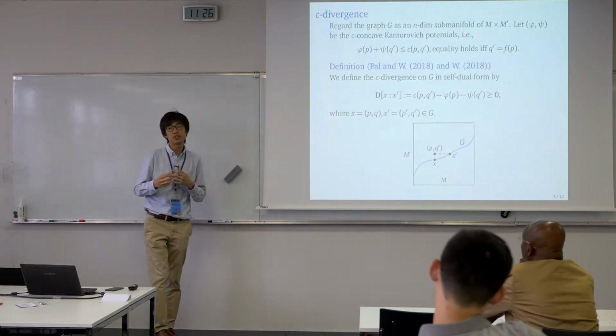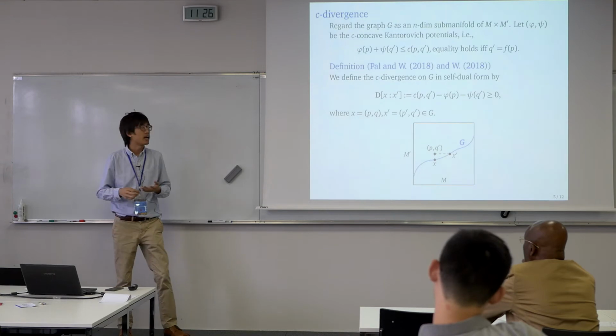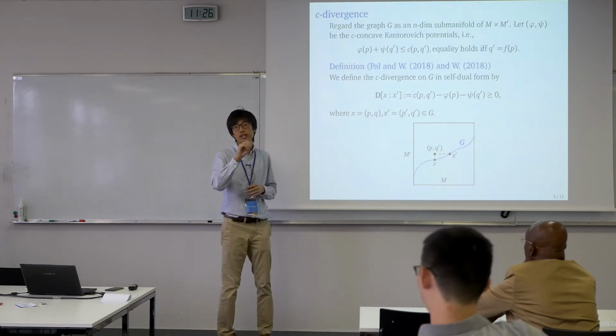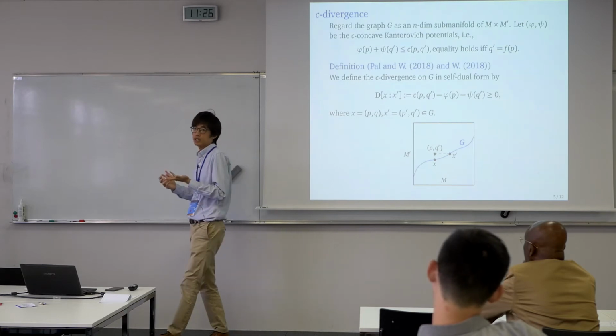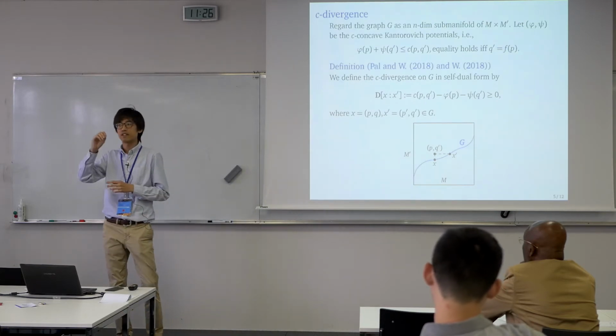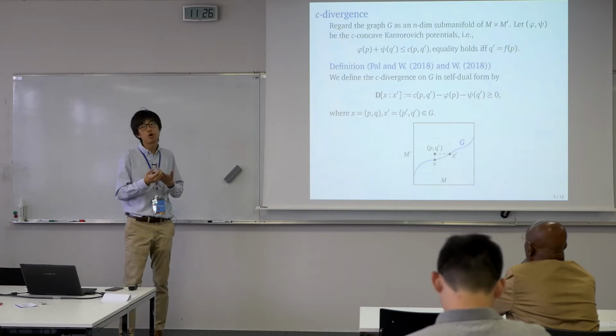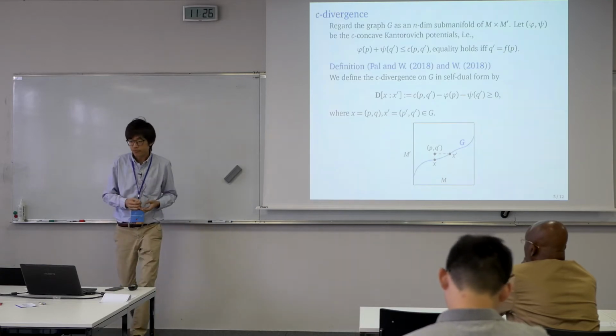This is very similar to the Legendre duality, except that the dot product on the right-hand side is replaced by the cost function. Actually, the Legendre duality of x dot y corresponds to the quadratic cost function.